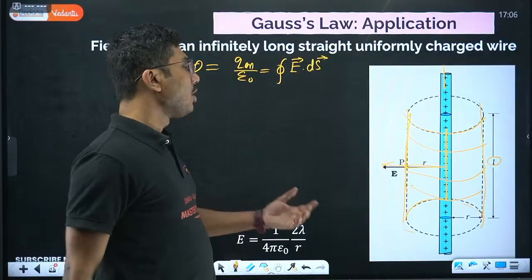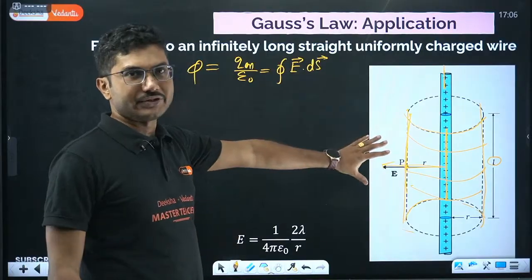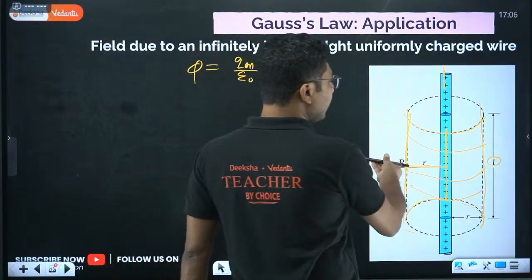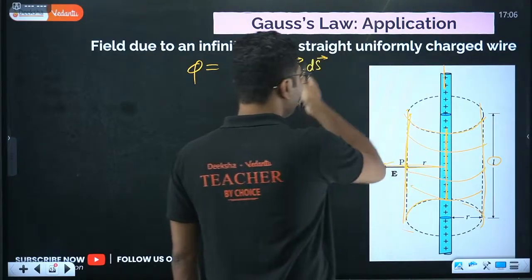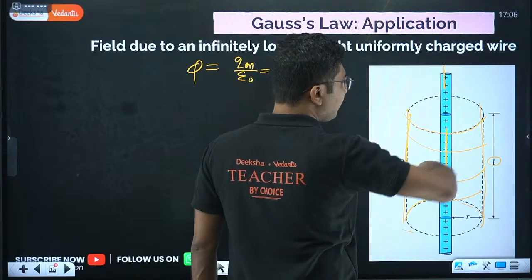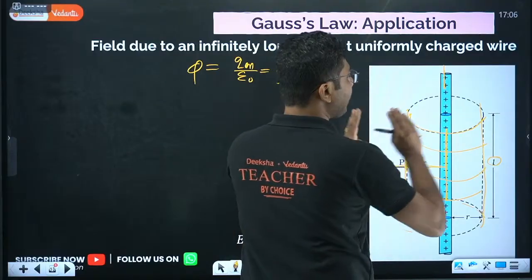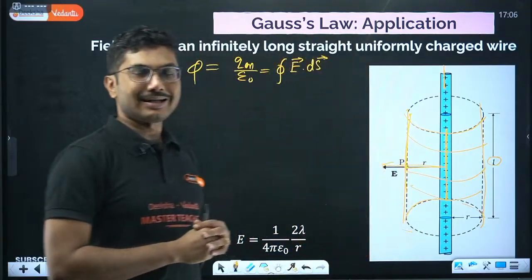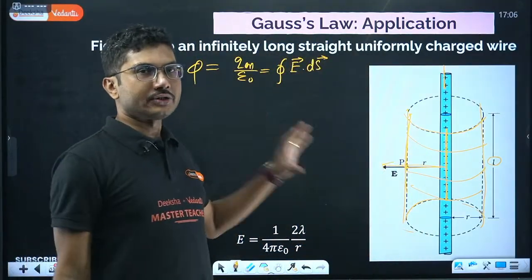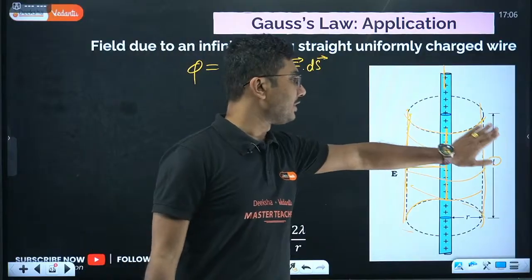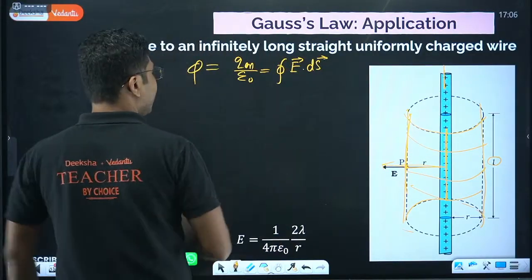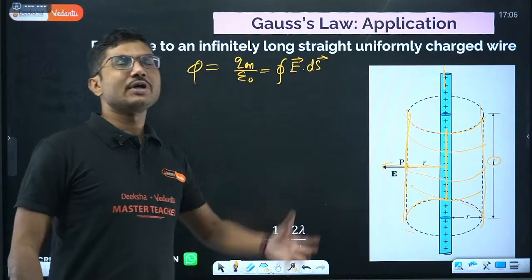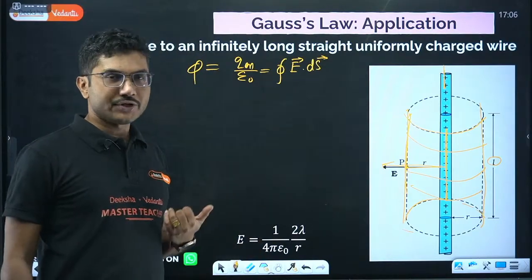How to calculate? Because the surface is symmetric, the electric field is independent of where you apply this formula. It can be this point, it can be this point, it can be this point. So on the surface of this cylinder, at any point, the electric field is constant. In differentiation, a constant comes out of the differentiation.